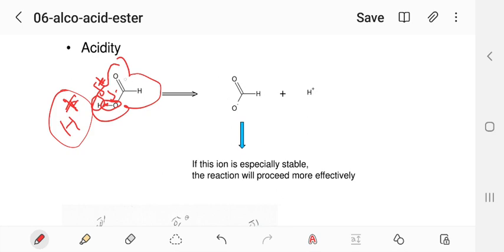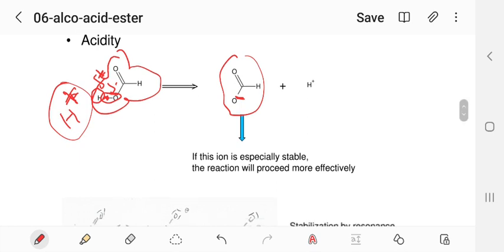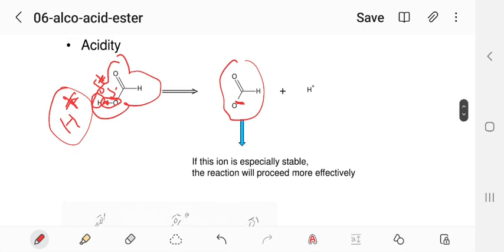And the remaining molecule, with this excess electron coming from the H, will become a negative charge, and therefore it's an anion. This anion should be stable and should survive by itself for a certain period for the acid to be effective and to react as a real acid.